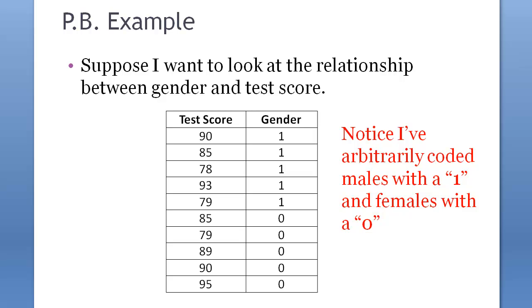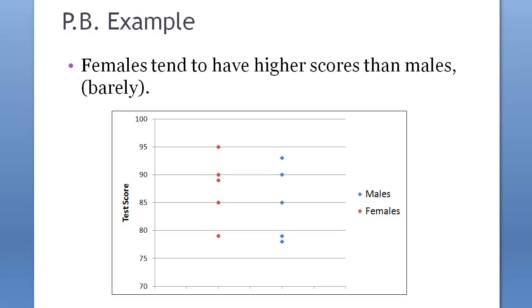So suppose I want to look at the relationship between gender and test score. This is how you can do it. Notice I've arbitrarily coded males with 1 and females with 0. So in that case, it looks like this, and the scatter plot for that would be like this.